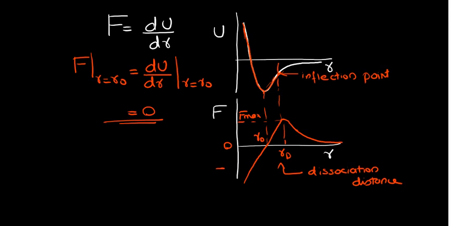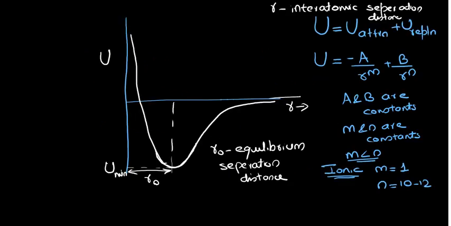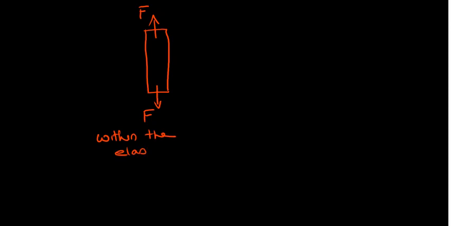Now once you know the force, our objective is to find out the stiffness of the spring. So from the force you can find out the stiffness. How will you find out the stiffness? Because we know from the mechanical behavior of materials, for example, if I take a material rod like this and subject it to some force, within the elastic limit, there will be some displacement happening to the body.